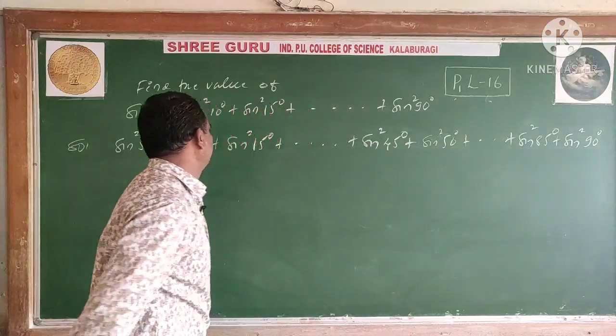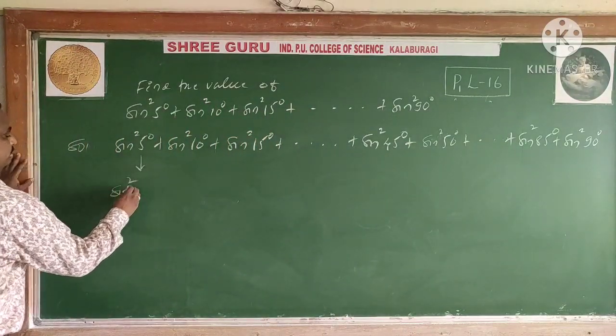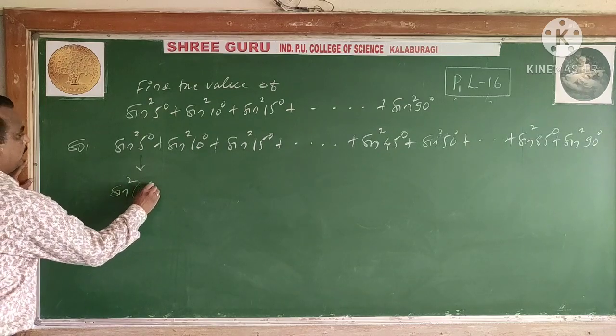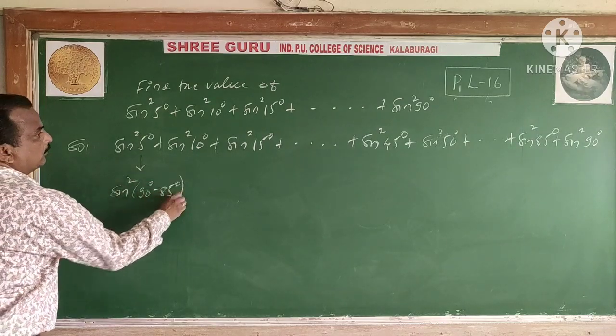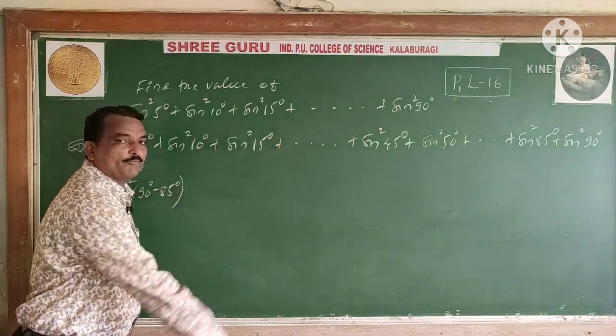Shall I write this as 90 minus 85, square of the terms? One term becomes cos; we have the 85 term.